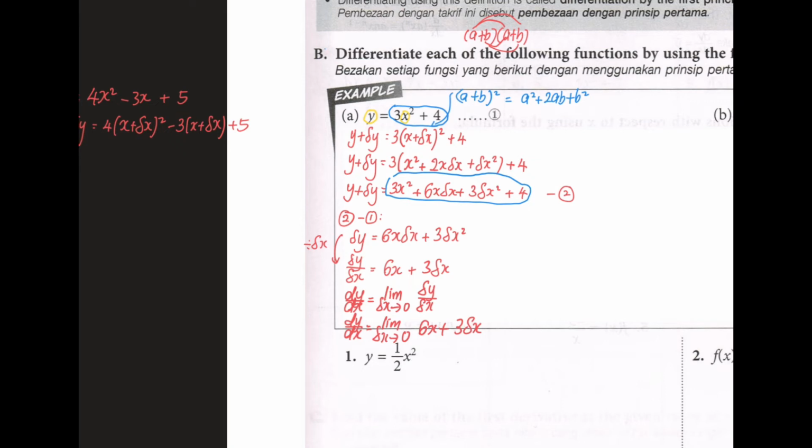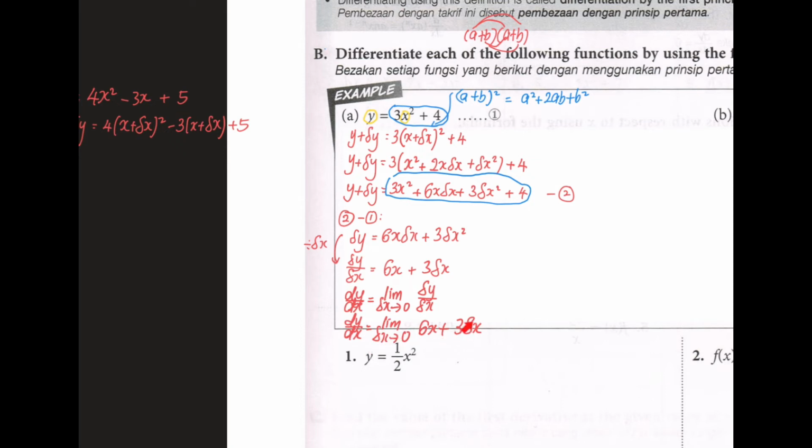And now it is a limit question. So when we do limits, if we can substitute delta x with 0, we just go ahead. Unless it's undefined, then we need to try to simplify it and substitute afterwards. For this case, no problem. You substitute delta x with 0.